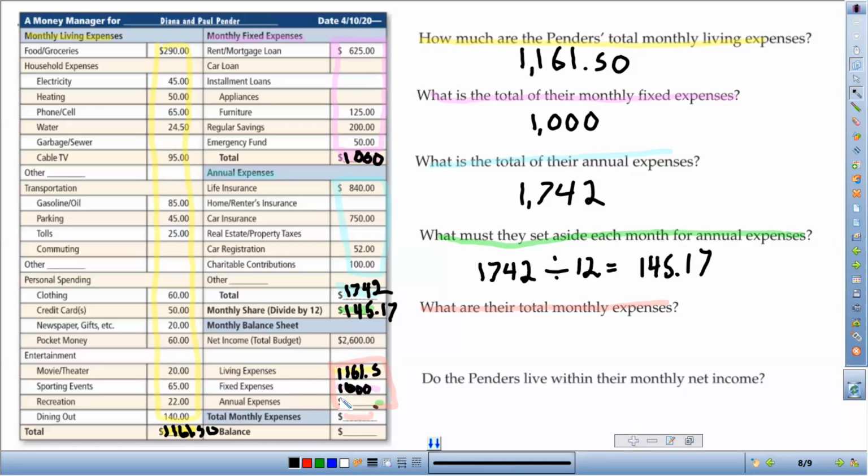We want the monthly share, 145.17. So let's do that again. 1,161.50 plus 1,000 plus 145.17 is equal to 2,306.67.